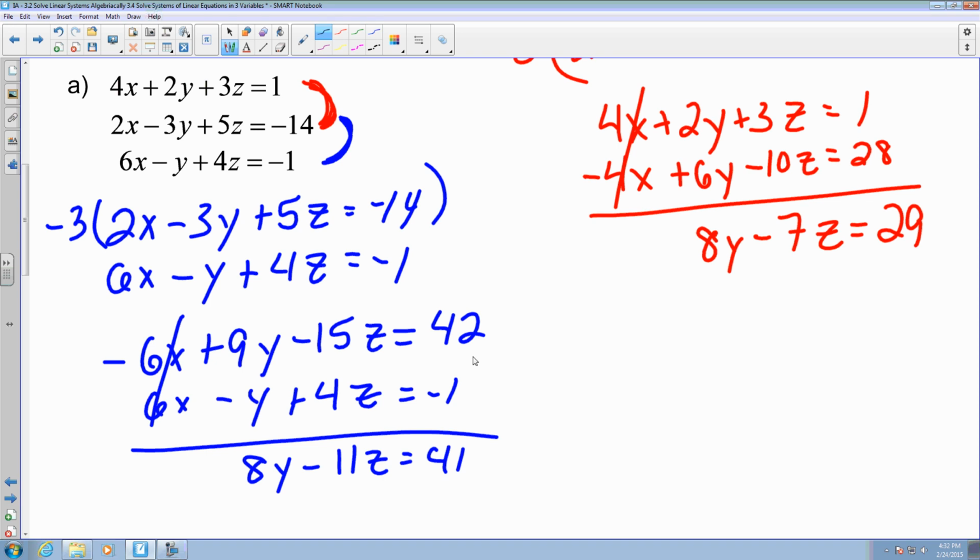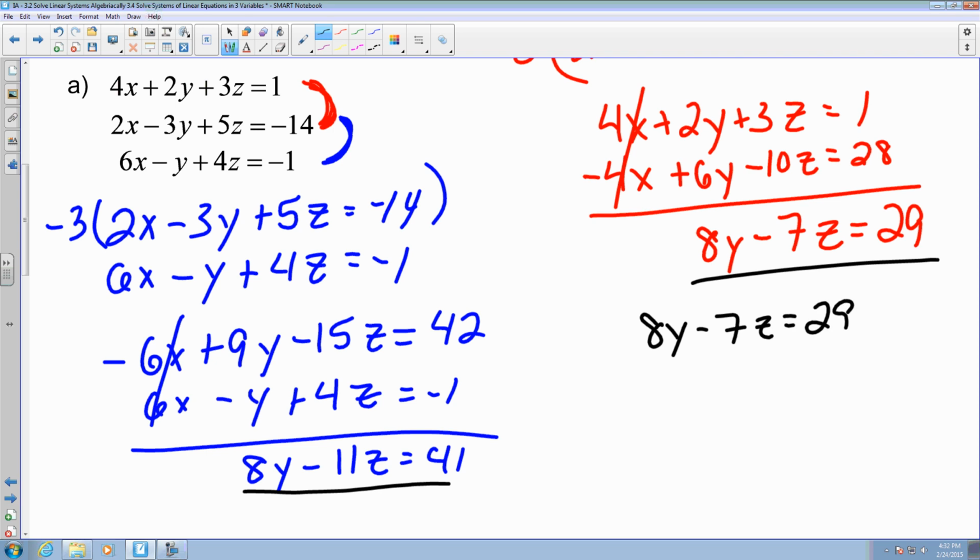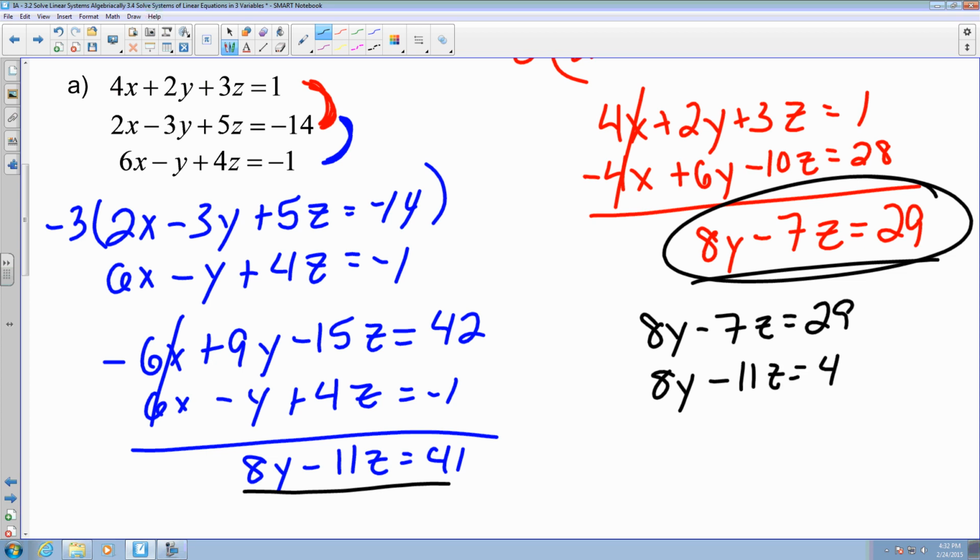Now I have these two equations, so now I have two equations and two unknowns. I got 8y minus 7z equals 29, which is from here. And then I got 8y minus 11z equals 41, which is from here. So all I'm going to do now is eliminate one of these variables.